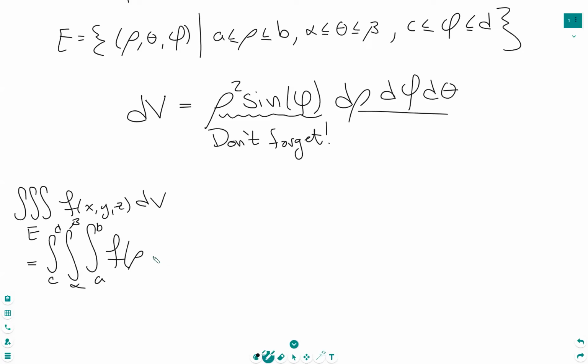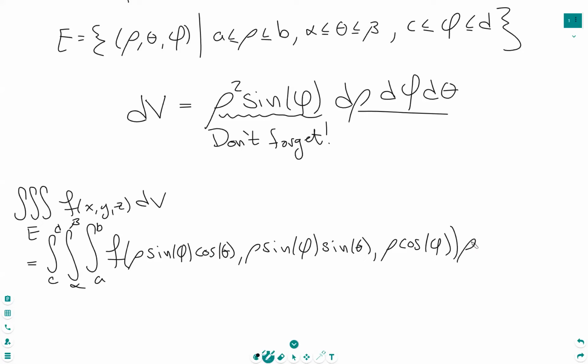So this is rho sine phi cosine theta, rho sine phi sine theta, and rho cosine phi.